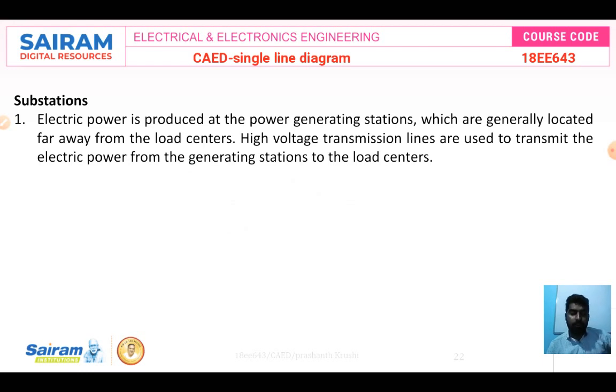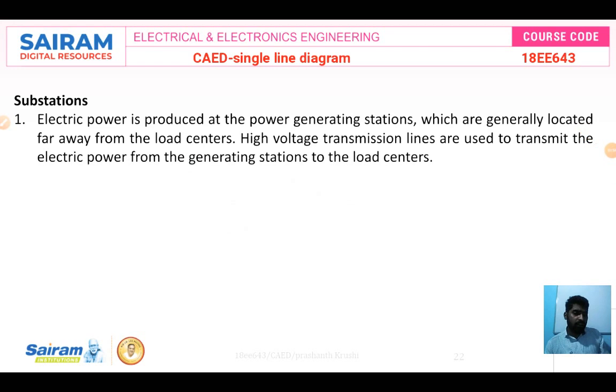So high voltage transmission lines are used to transmit the electrical power from the generating station to the load center. Whatever power we are generating should reach the consumer side, right?